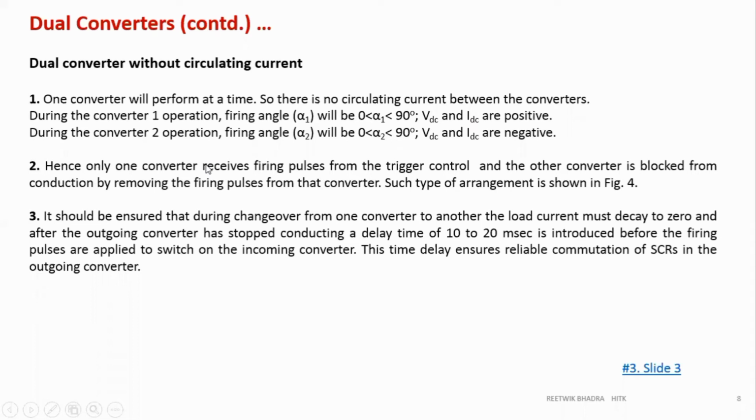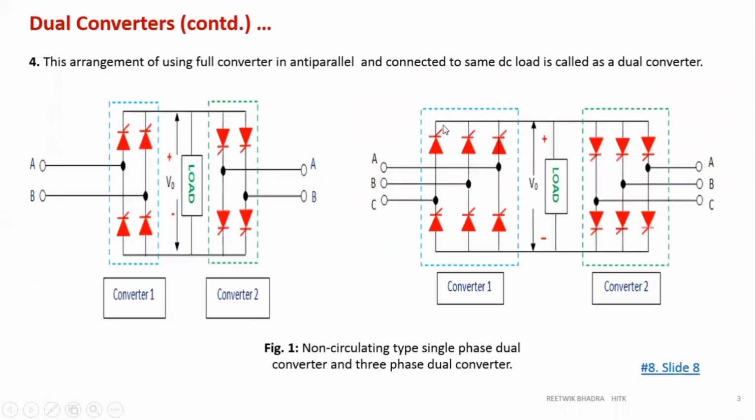So without circulating current, if you want to see, so what we mean with that. See, I'm going to this slide, because this is the diagram with non-circulating type or without circulating current, whichever you want to see. In this, what happens? One converter is operated at a time. Why is the circulating current flowing? Because converter 1 and converter 2 are operated at the same time. Then only it will create a potential drop across this load.